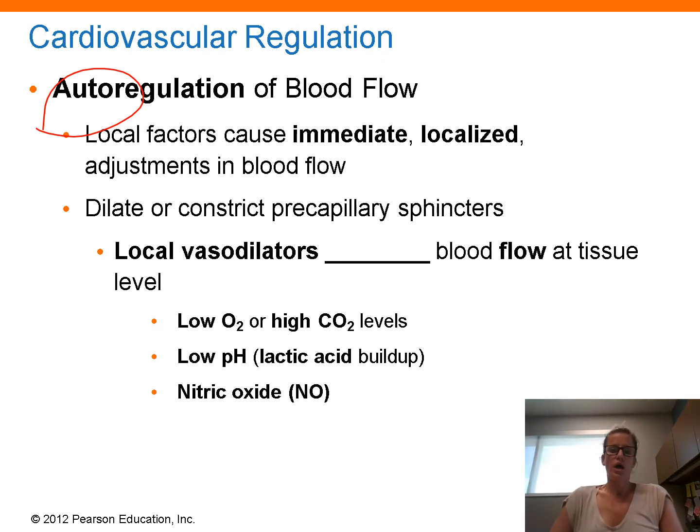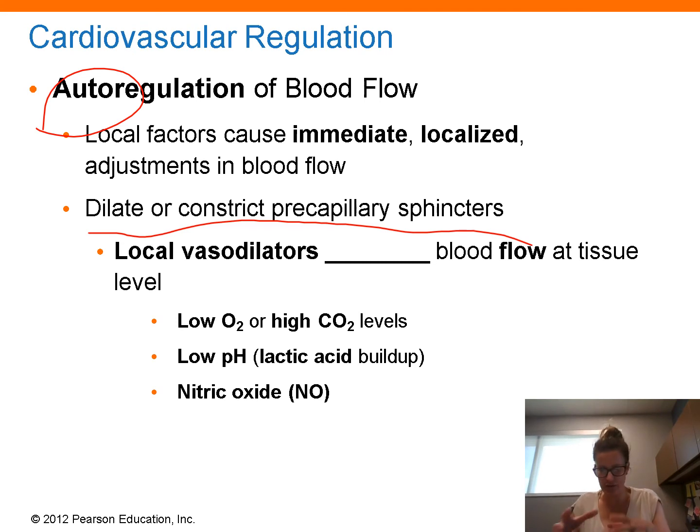So the way that autoregulation works is the chemical messengers either dilate or constrict the precapillary sphincters. So this adjusts blood flow in that one little local area. We have local vasodilators and local vasoconstrictors.